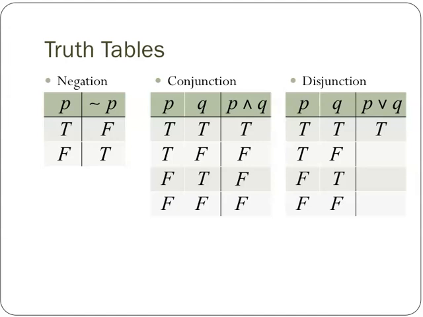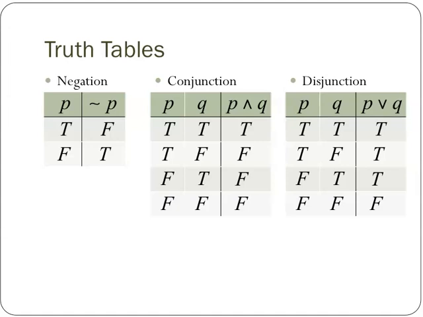For the second row, P is true, Q is false, but that's okay, because as long as one of those statements is true, your disjunction is going to be true. Same with the third row. There's at least one statement that's true, so our disjunction is true as well. The only time in which P or Q is going to be false is if both of them are false.